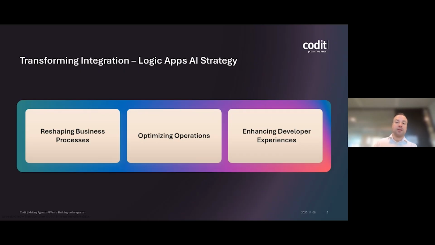And last but certainly not least, especially for a developer, enhancing developer experiences. So developer productivity can be improved through the use of AI-assisted development tools like GitHub Copilot, especially with all the MCP servers that you have, which Logic Apps can act as an MCP server as well. Your developer experience is very much enhanced lately.